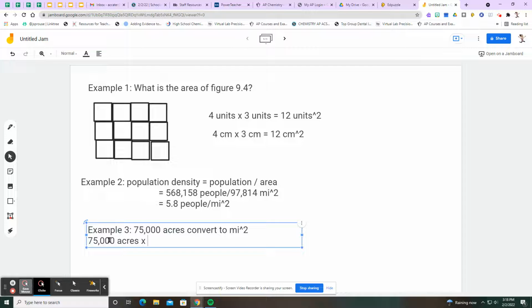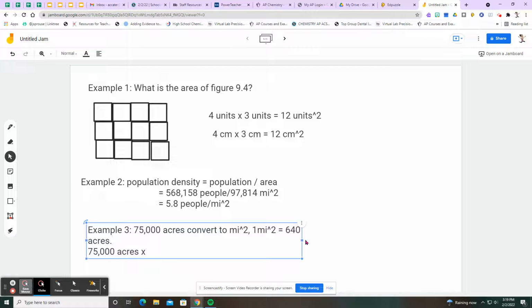And I don't expect you to memorize that. That would be something you would be given in the problem. So usually you have your problem, and then I would give you the conversion. Like 1 mile squared is equal to 640 acres.